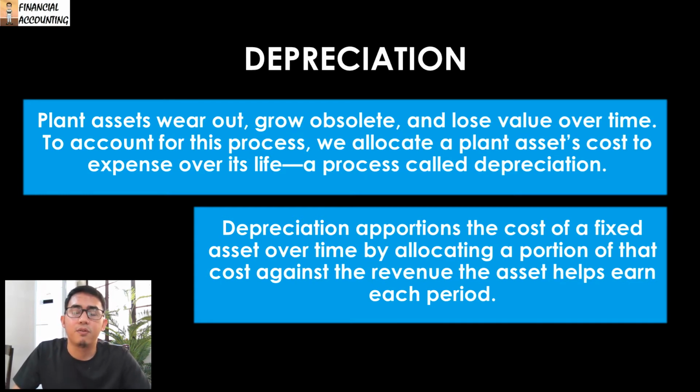Therefore, every time you sell, you should match expenses in your selling. Aside from the cost of goods sold, there are these depreciation expenses or fixed expenses that you should also report. That's why every year or every reporting period, you should record depreciation in order to match revenue with expenses for that particular year.